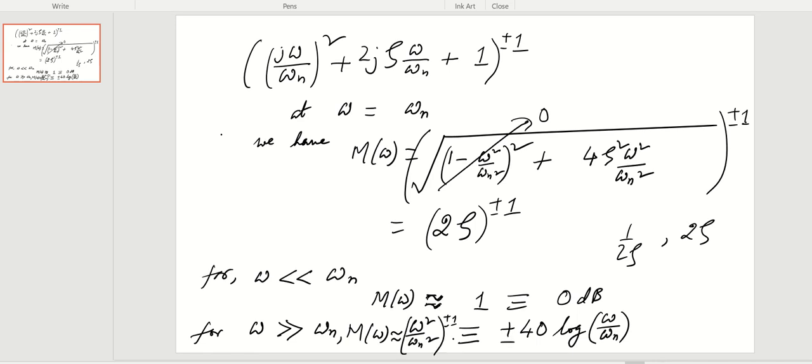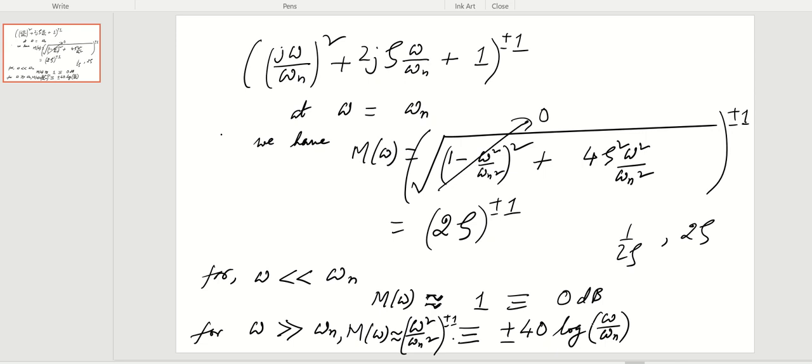So the slope of this asymptote, now that we have seen how first order poles and zeros behave, makes sense to discuss directly in terms of asymptotes. The high frequency asymptote rises or falls at a rate of plus minus 40 dB per decade, whereas the low frequency asymptote is just the constant 0 dB line, like we had in the case of the first order factors.